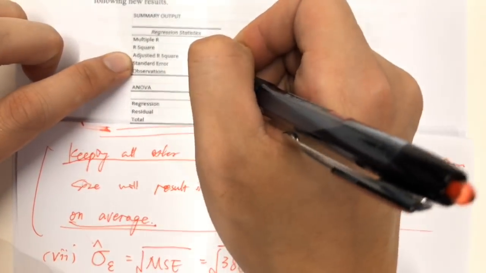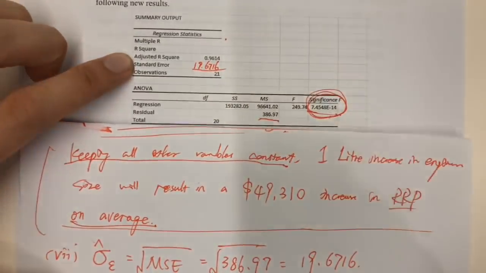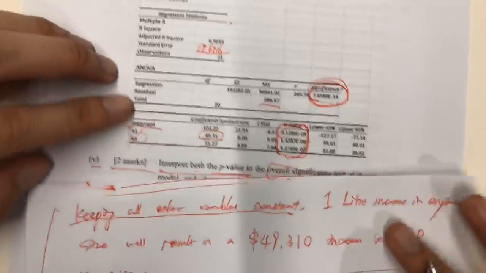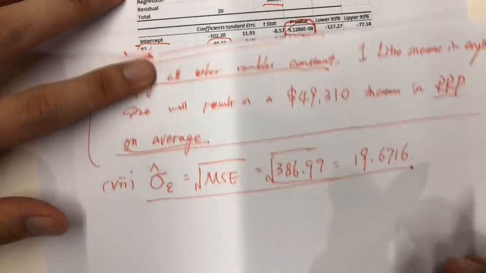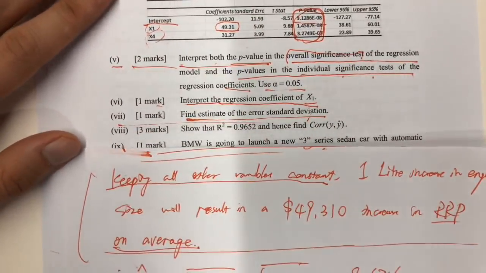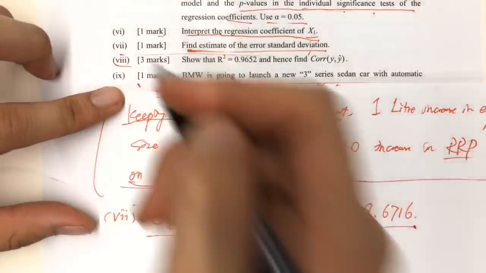So we can fill in 19.6716 in here. Okay? So that is pretty easy. So if you know it, you know it. But if you don't, you just have no idea what this question is asking, right? Okay.